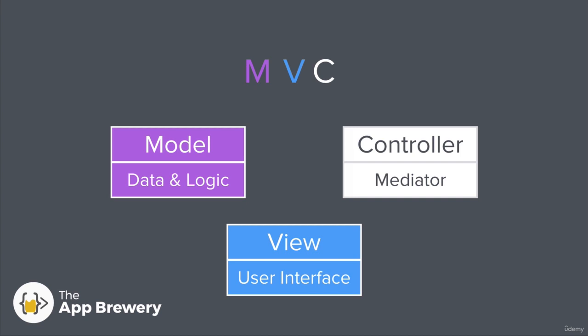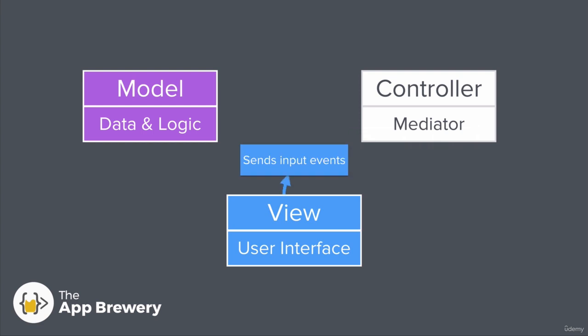So you might have a case where the user taps on something on the app. Then the code in the view will then send a message about those input events to the controller. The controller will then use those input events to decide what it should do next. And it could be that it will make a request to the model to request some data, right?